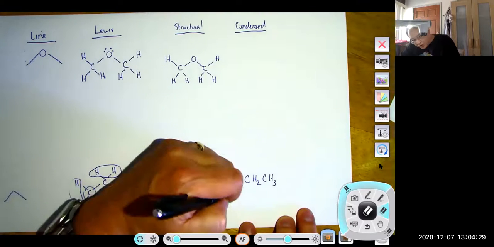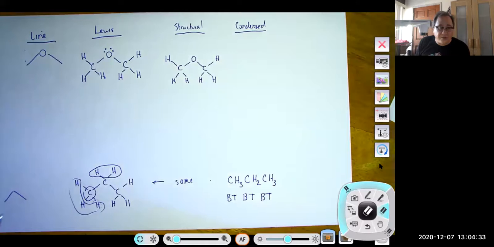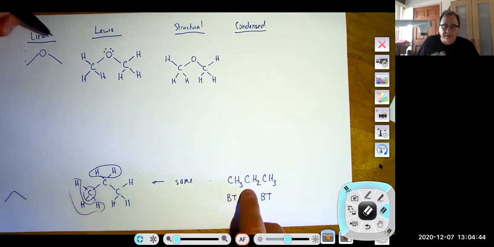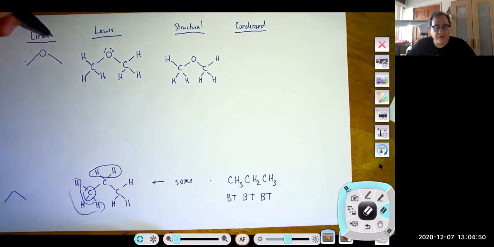So it's like a branch, terminal, branch, terminal, branch, terminal. That's how you write the condensed formula. I call it the typewriter formula because if you're writing a book 100 years ago and they only have typewriters, this is something you can achieve on a typewriter very easily. This is something very hard to do. So condensed formulas are the typewriter formula.